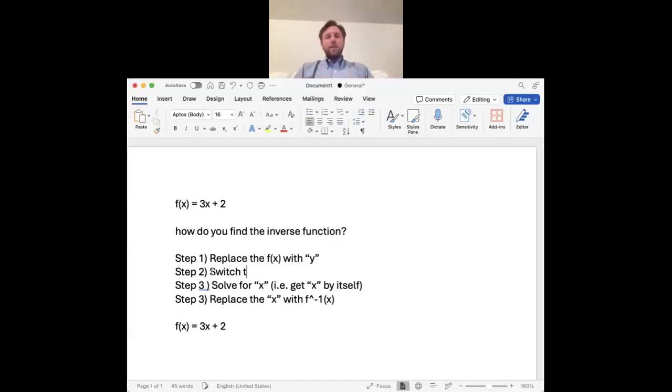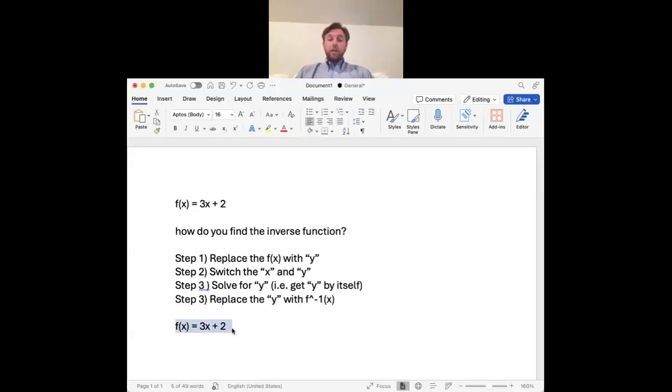Switch the x and y, solve for y, meaning get y by itself, and replace the y with f inverse. I knew there was something I was missing. So step 1, replace f of x with the letter y. Step 2, switch the x and the y around. Step 3, solve for y, and then replace y with f inverse.